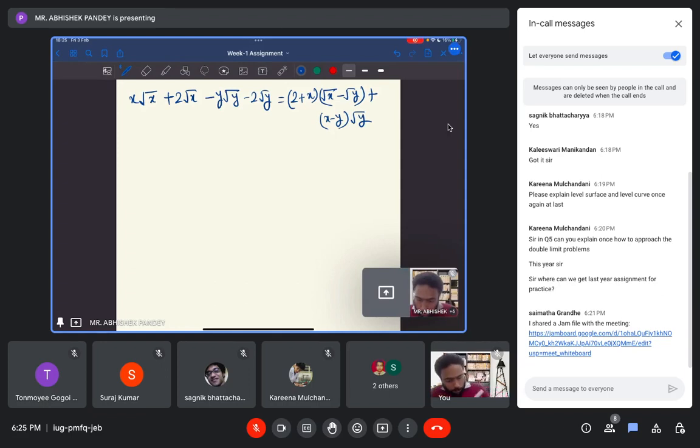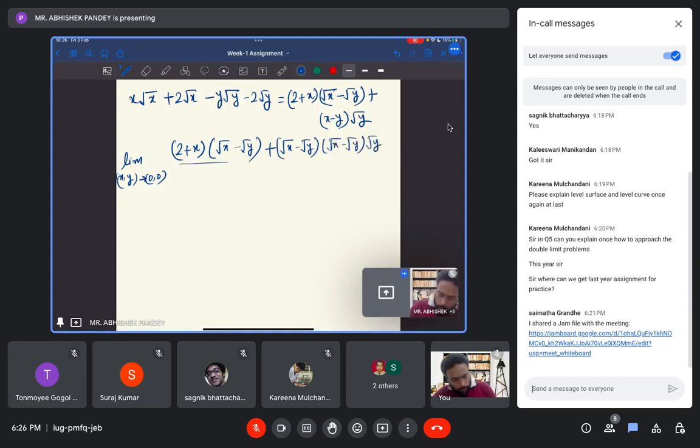Now the limit becomes 2 plus (root x minus root y), and observe that this x minus y I can write as (root x minus root y) into (root x plus root y), upon (root x minus root y). So this root x minus root y will get cancelled.